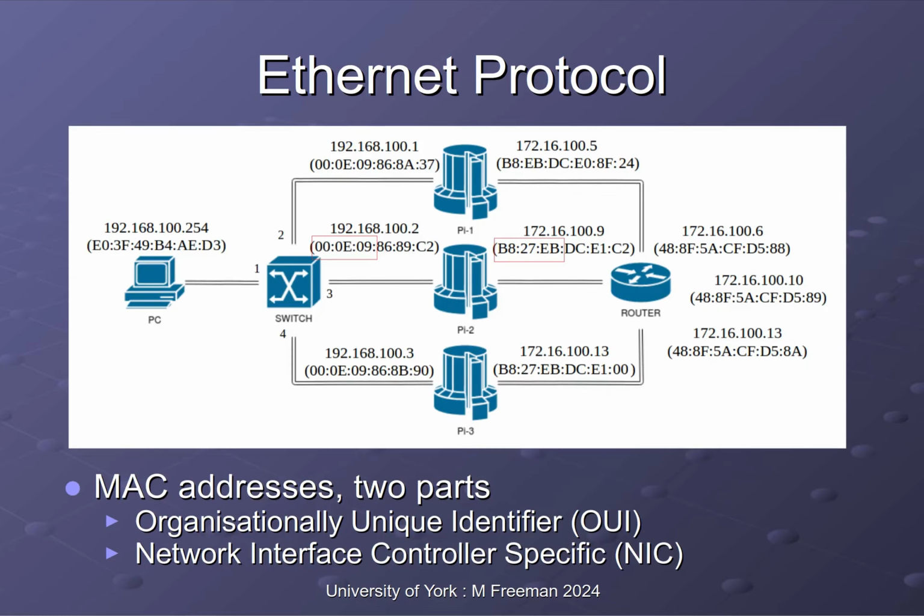Okay, so our MAC addresses, those 48-bit values that identify our hosts, are constructed from two parts. We've got 24 bits worth of organizational identifier and 24 bits of network interface identifier. Our organizational unique identifier is the first 6 hexadecimal values.